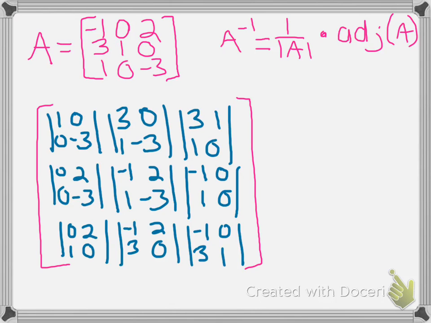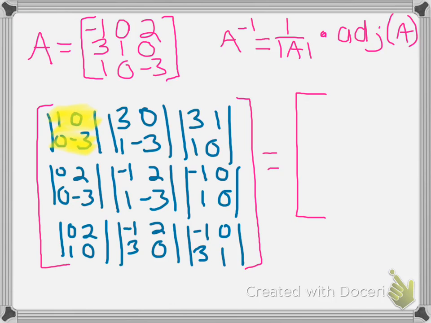Okay, so now that we have found all of the 2x2 matrices, we now have to find the determinant of each of these matrices, which will be called the matrix of minors. The determinant of this first matrix is equal to 1 times -3, which is -3, minus 0 times 0, which is 0.